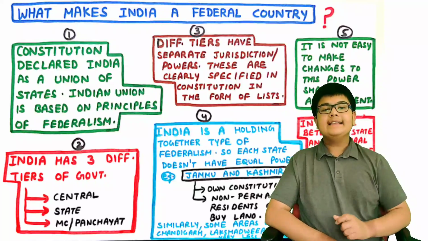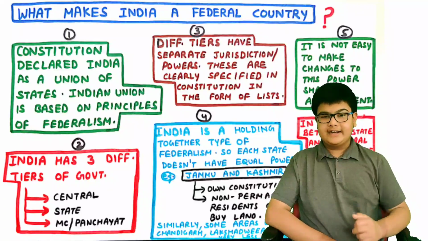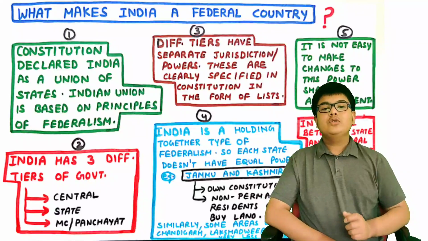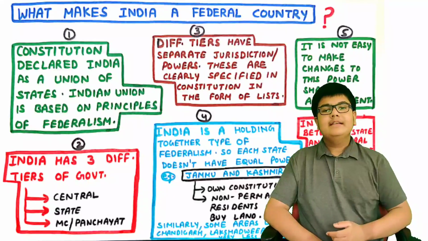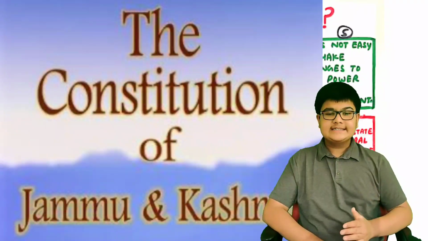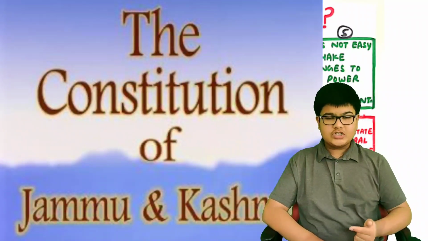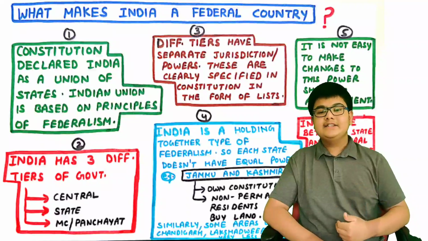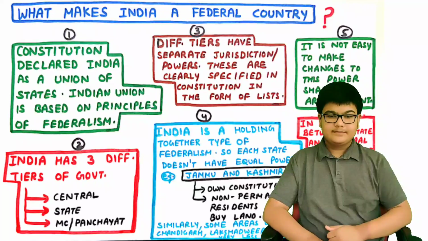Fourth, India is a holding together type of federalism. So each state doesn't have equal power. Few states are very powerful while other states have very little power. For example, the state of Jammu and Kashmir is more powerful than the other states, and it has its own constitution, and non-permanent residents cannot buy land here.